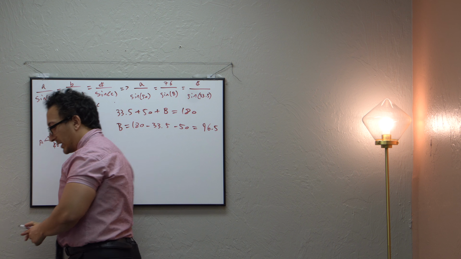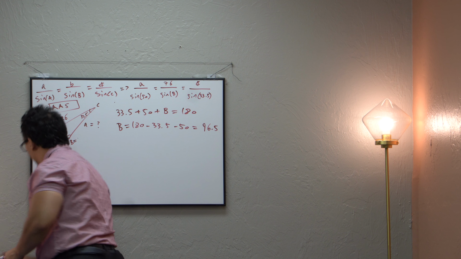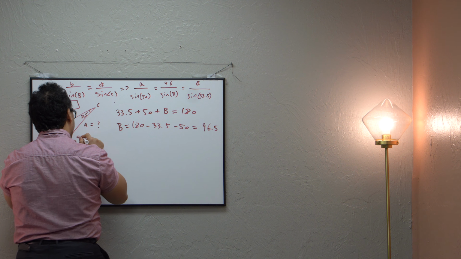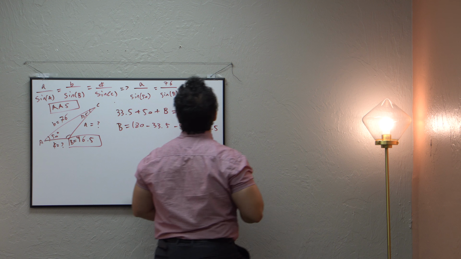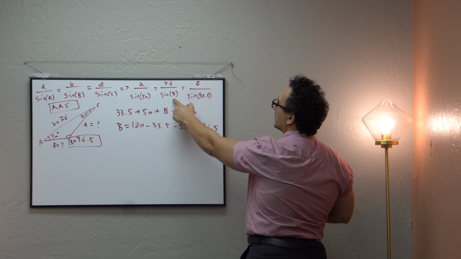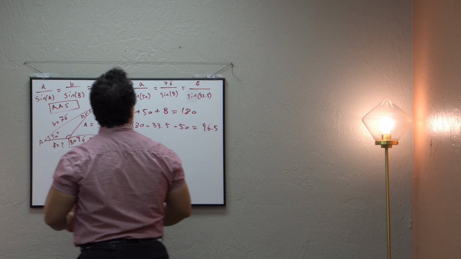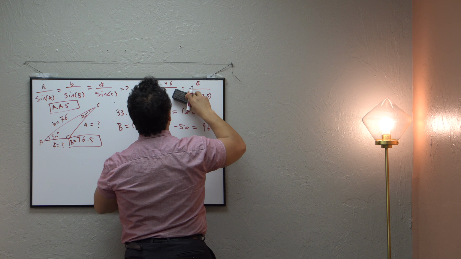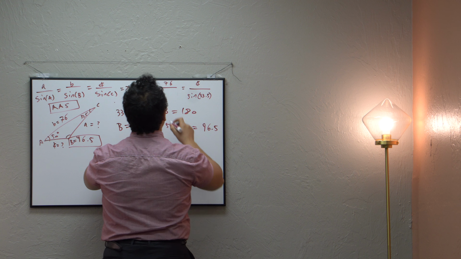So I can actually say, oh, we figured out B. It's no longer a question mark. It is 96.5. And I'll put a box around that. So now, since we've determined that piece, we can plug that in here. So our law of sines can turn into, over here, this middle equation can be sine of 96.5.